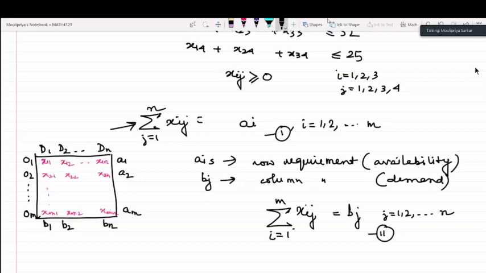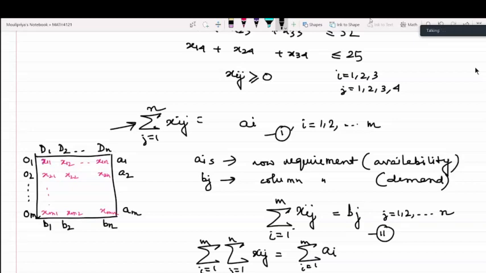Now, if I further make the summation over equation number 1, that is summation i running from 1 to m, summation j running from 1 to n, xij would be equal to summation i running from 1 to m, ai.